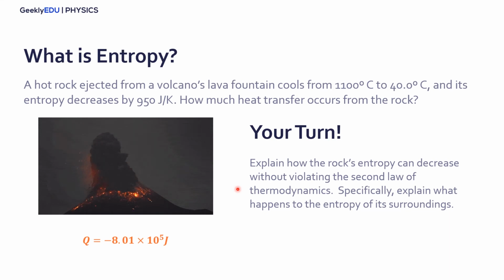That was the question I asked you. So how does this entropy decrease, right, without violating the second law of thermodynamics? So this process occurs, right, naturally. We have a hot rock, and, well, the temperature decreases. So we have a negative heat transfer.